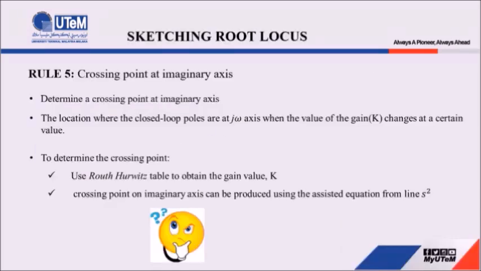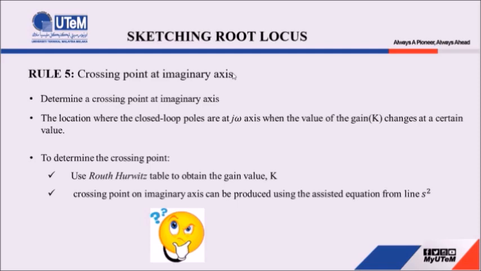Now we go to rule number 5, which is the cross point at the imaginary axis. What is the cross point at the imaginary axis? Actually, this is the location where the closed loop poles are when the value of gain k changes to a certain value.